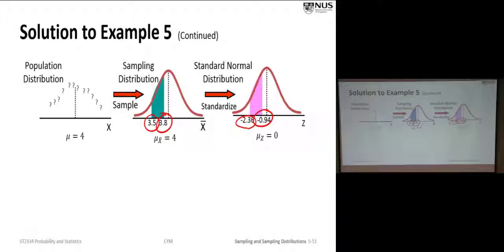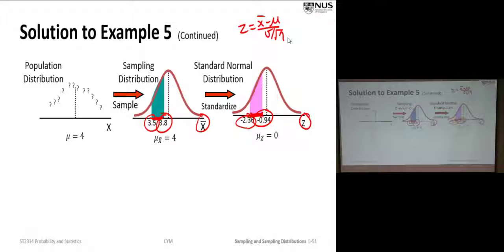So between 3.5 and 3.8 is equivalent to saying that the value is between 2.36 standard deviations below the mean and 0.94 standard deviations below the mean. So the chance of falling here and the chance of falling here are the same. This one is from the data, x bar. This one is after we standardize it, z equal to x bar minus mu divided by sigma over root n.